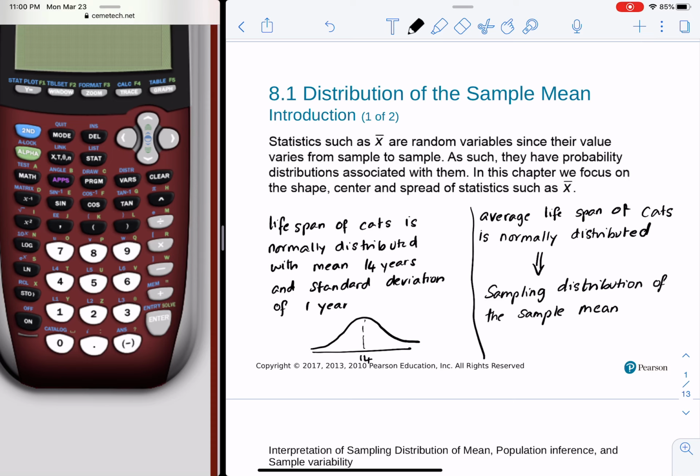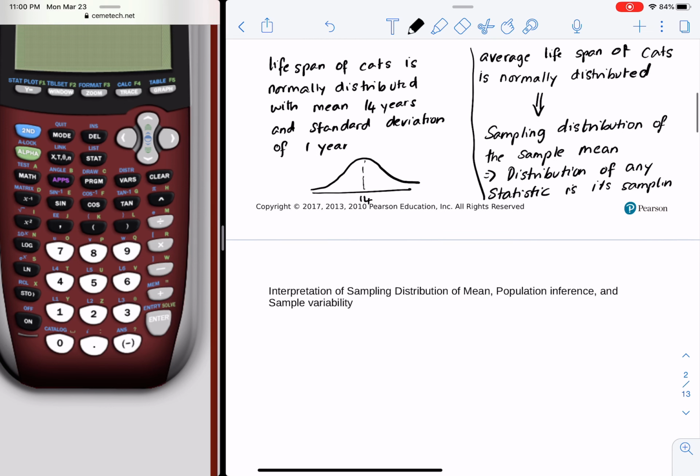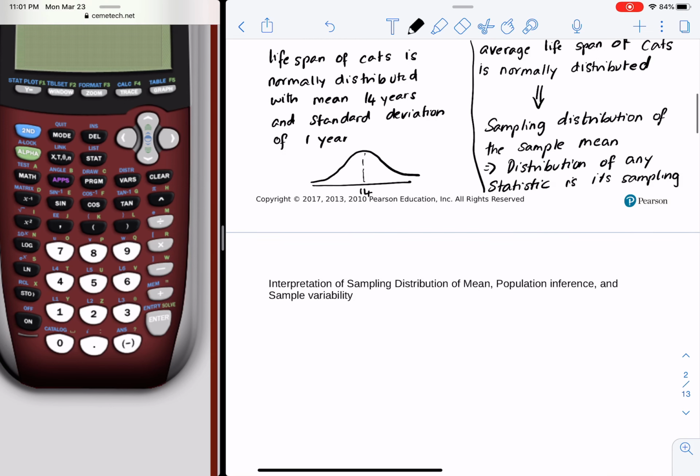In short, the distribution of any statistic is its sampling distribution.